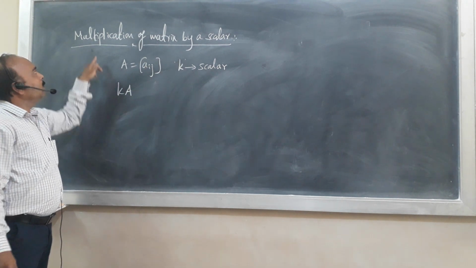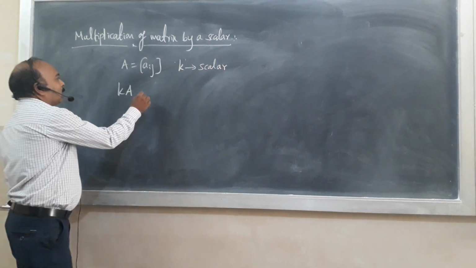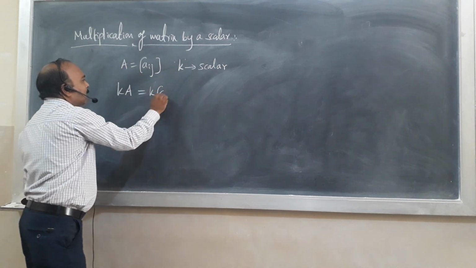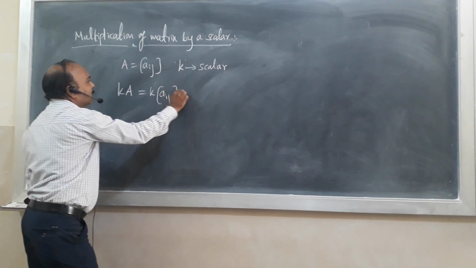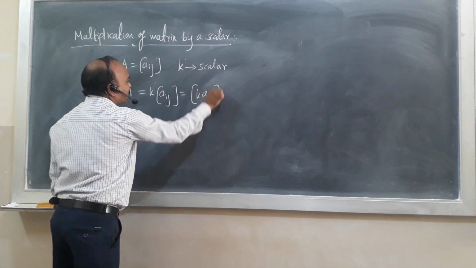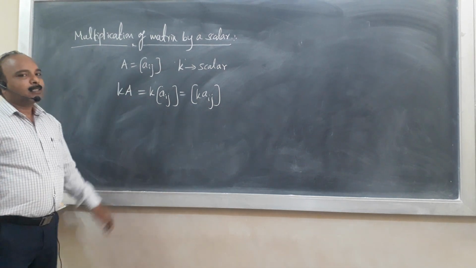That is called multiplication of a matrix by a scalar. It is given by k times aij.